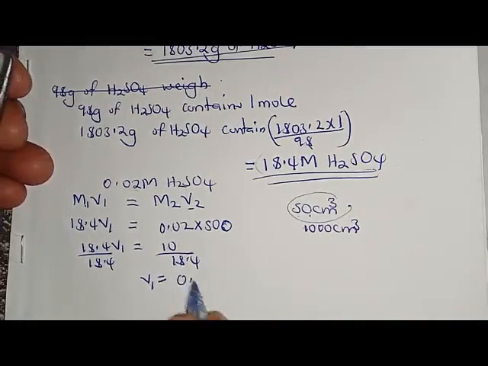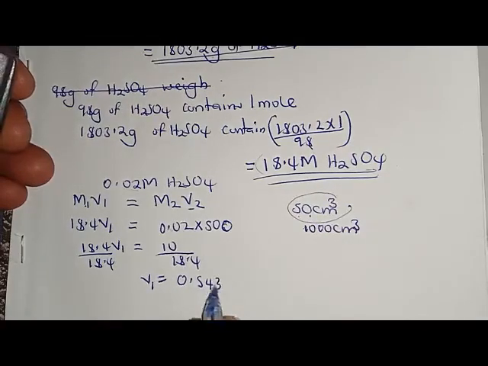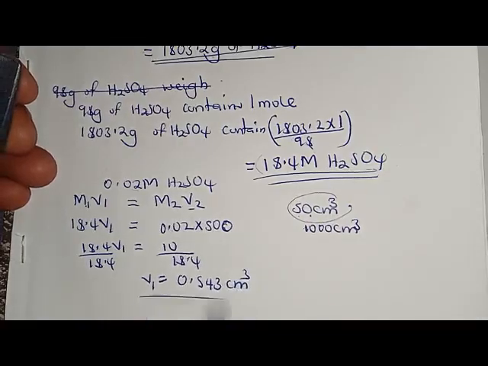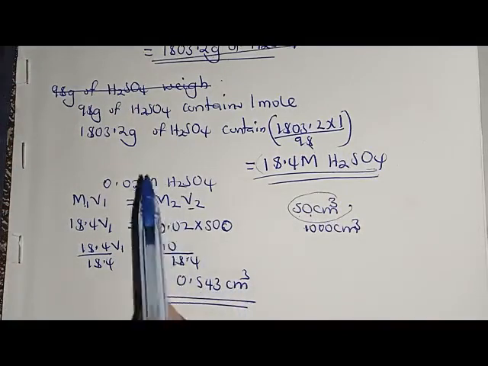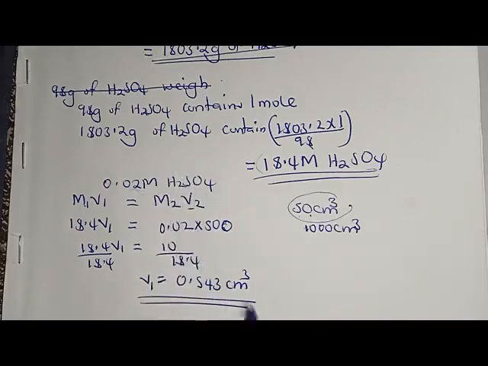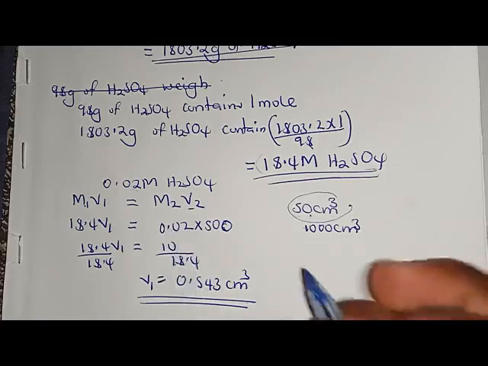So you need to pick 0.543 cubic centimeters from the other bottle, so as to prepare the 0.02 molar sulfuric acid. So how is it going to work?